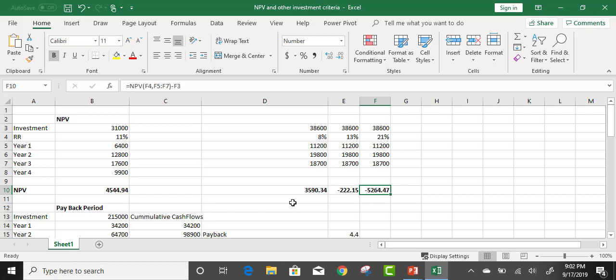At 8%, the NPV is positive, so if the required rate of return is 8%, the project should be accepted. At the discount rates of 13% and 21%, since the NPV is negative, the project should be rejected.